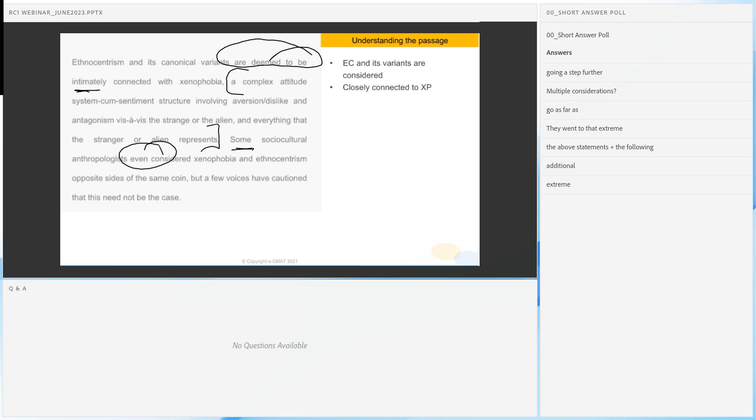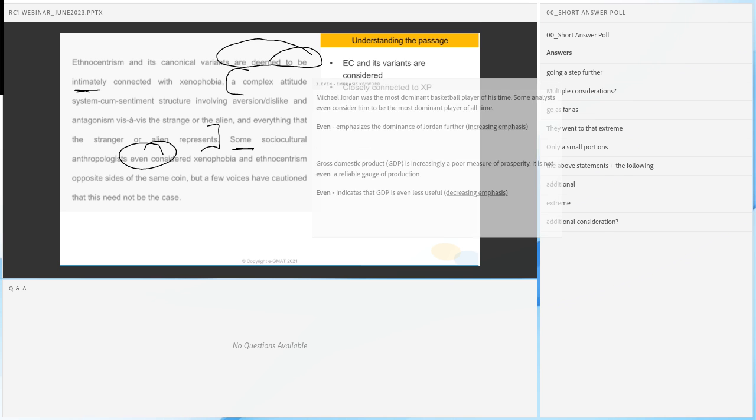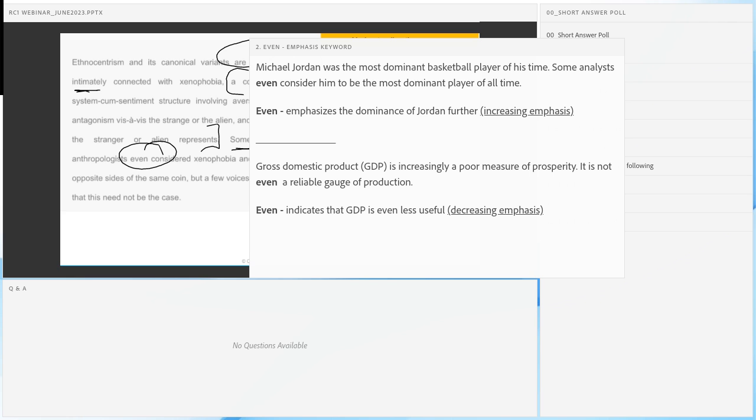Really important. When you use the word "even," it's about emphasis, about how much something is considered. Let me look at this with an example that I created a couple of sessions back. Michael Jordan was the most dominant basketball player of his time.